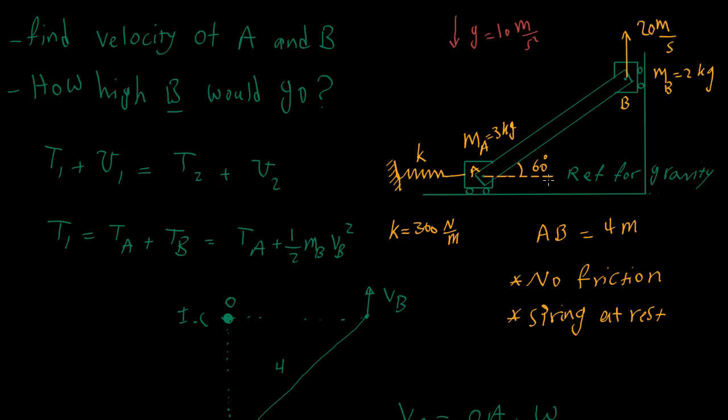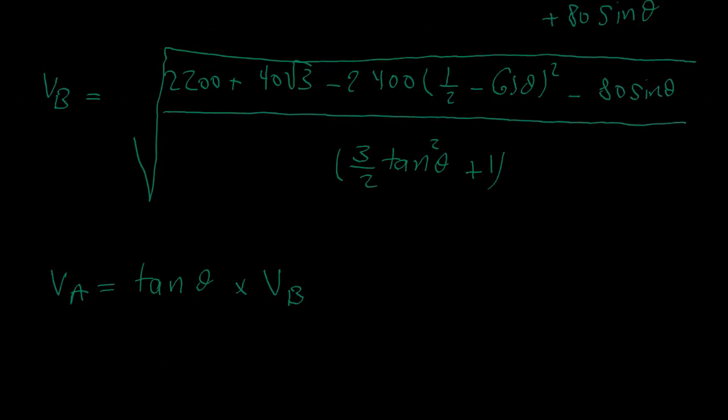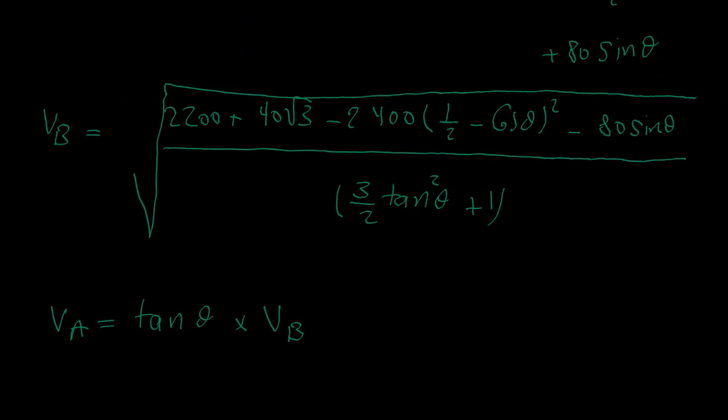Based on theta maximum, we can determine how high the slider B would go. So to find theta maximum, if we put VB equal to 0, we should be able to find theta maximum.